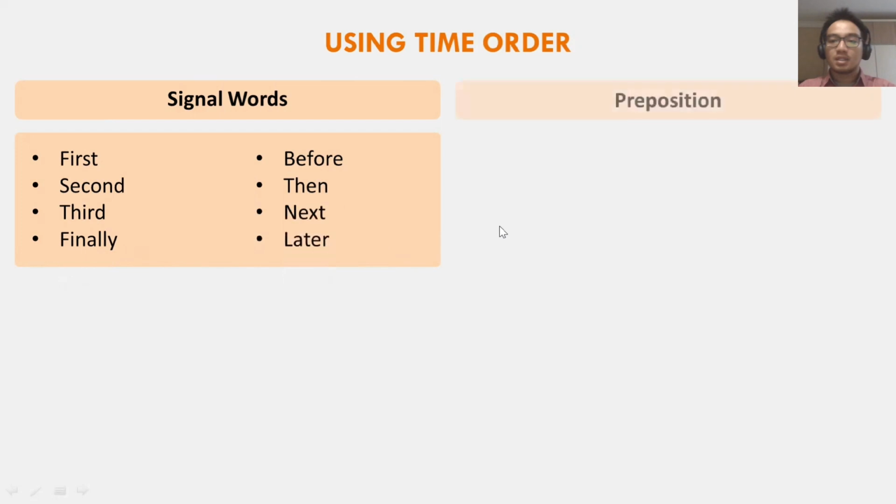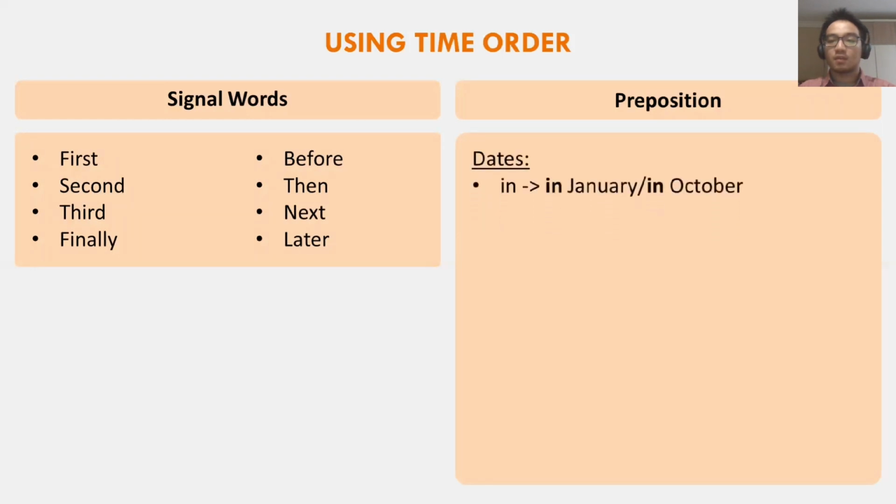And for prepositions, it is important to use the correct preposition to show the time order relationship. When we are writing a narrative passage, it is important to use prepositions, but still be careful to use the right preposition in the right place. For example, for showing dates, we could use the preposition in for months, like in January, in October, or in February.